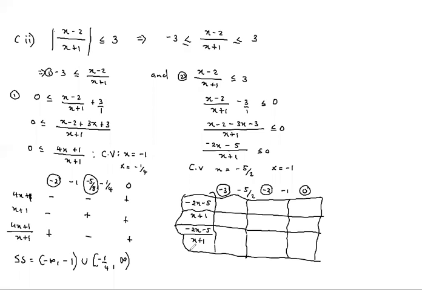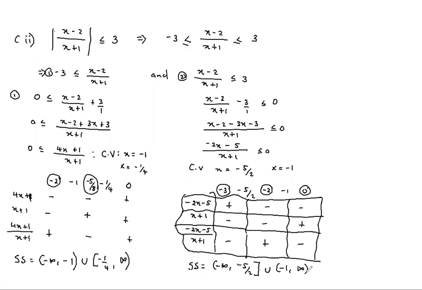Okay, then you test now. Negative 3 here, positive, negative, negative. Here, minus, minus, positive, minus. Like that. So the solution set here, you want less or equal to 0, so you get negative infinity up to negative 5 over 2 included, union negative 1 up to infinity.